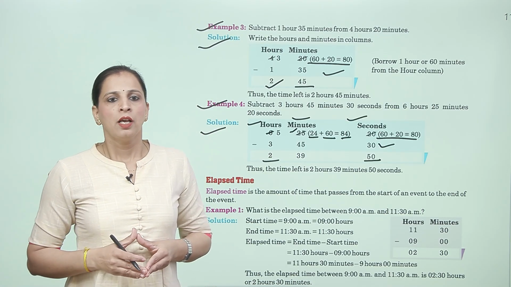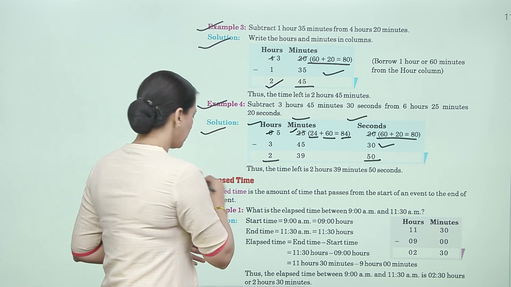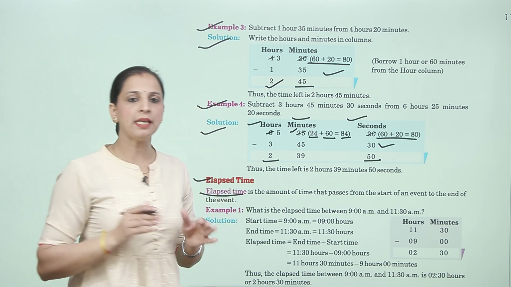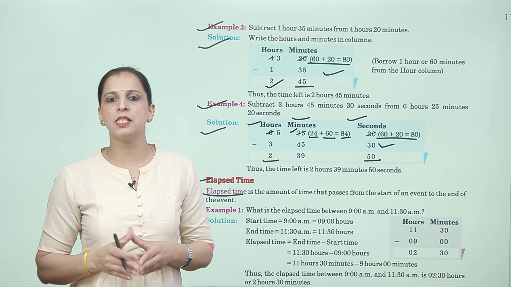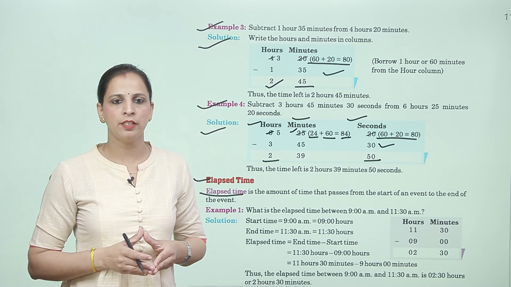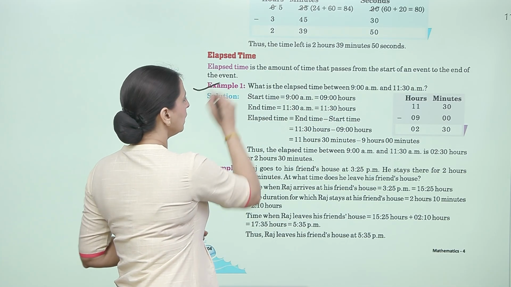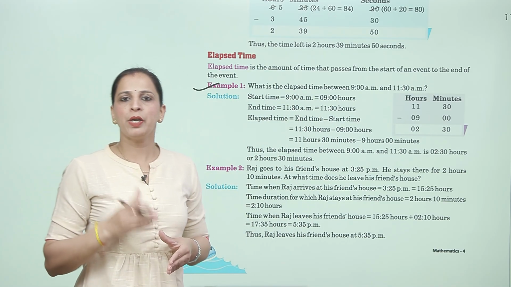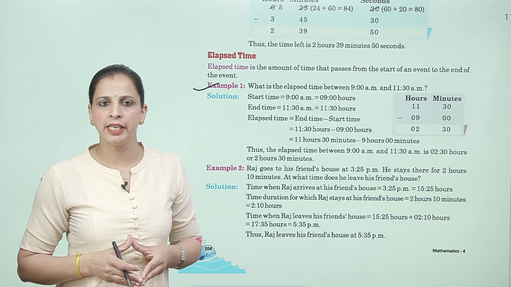Now elapsed time. Elapsed time is the amount of time that passes from the start of an event to the end of the event. Now example 1. What is the elapsed time between 9 am and 11:30 am? Solution.